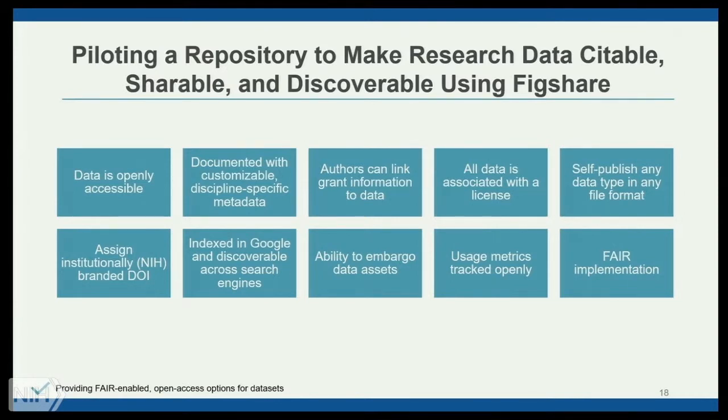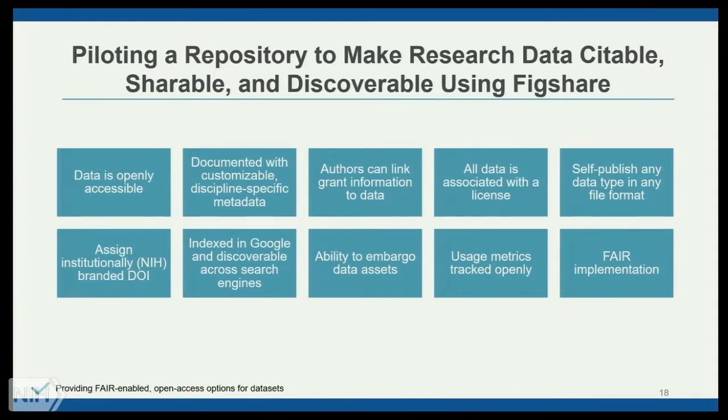There are other options. You might have movie data associated with your publication, or that you feel is important to communicate to researchers, or audio files, or spectroscopic data that you want to share. We are piloting a program with Figshare to make data citable, shareable, discoverable, and reusable.